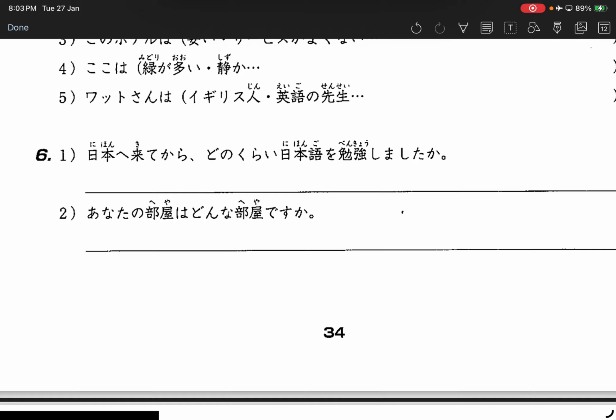So, 日本へ来てから6ヶ月日本語を勉強しました。Did you put anything after 6ヶ月? No, right? ぐらい。Okay, 6ヶ月ぐらい日本語を勉強しました。Then my question is, do we say 6ヶ月ぐらい or 6ヶ月間ぐらい?